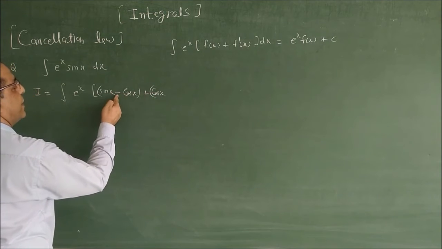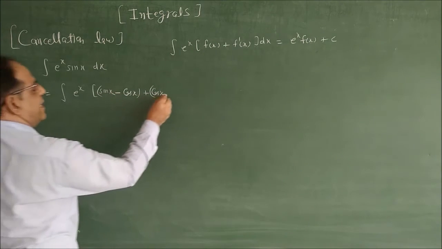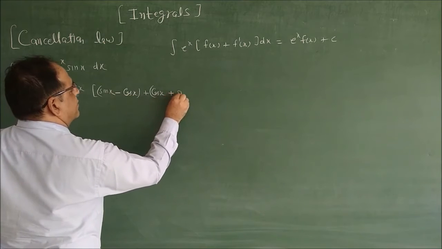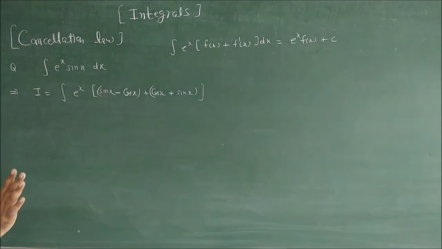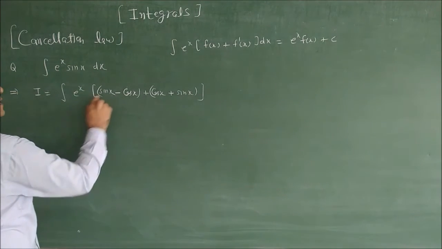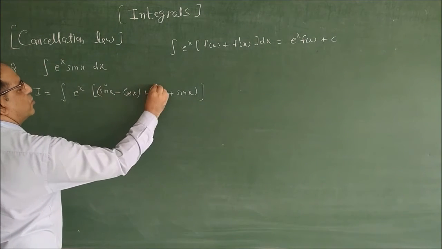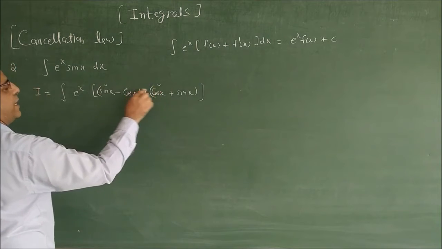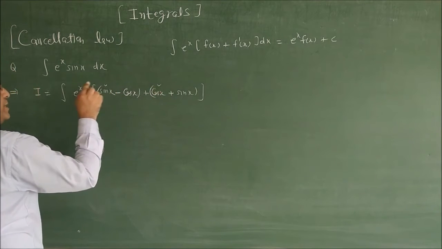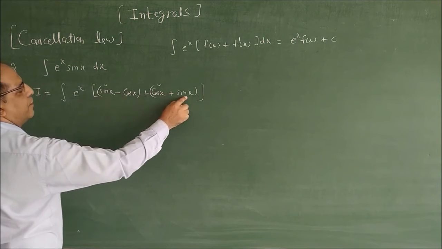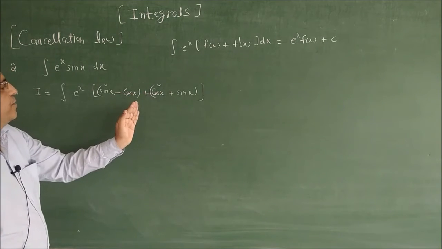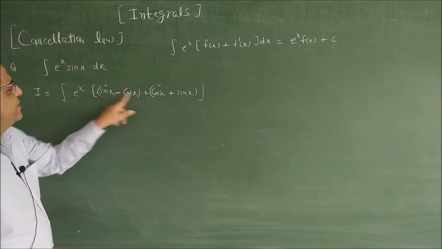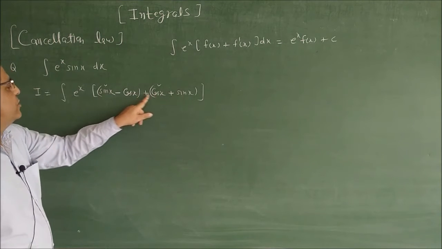Now this is balanced, but the differential of sin x is cos x. So what is the differential of minus cos x? This is sin x. So put sin x. Now everything is balanced. The differential of sin x is cos x. This cos x is balanced by minus cos x, but the differential of minus cos x is plus sin x. So now if we observe, sin x becomes 2 sin x, cos x cancels out.